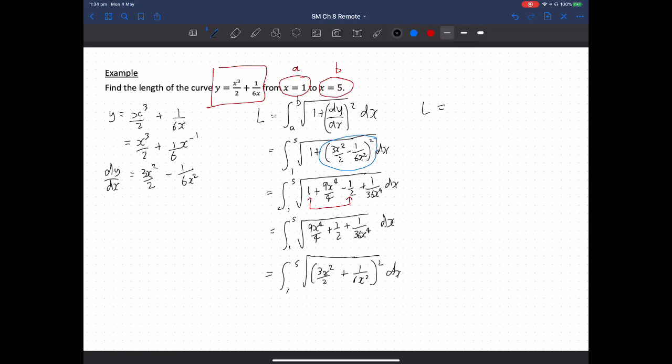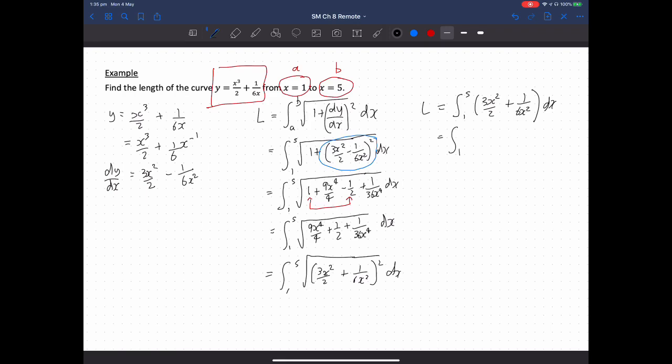We have a square root and a square. They cancel each other out. So we have the integral from 1 to 5 of 3x squared on 2 plus 1 on 6x squared dx.